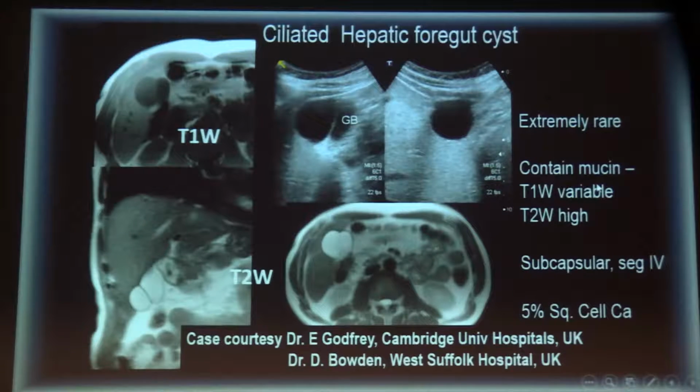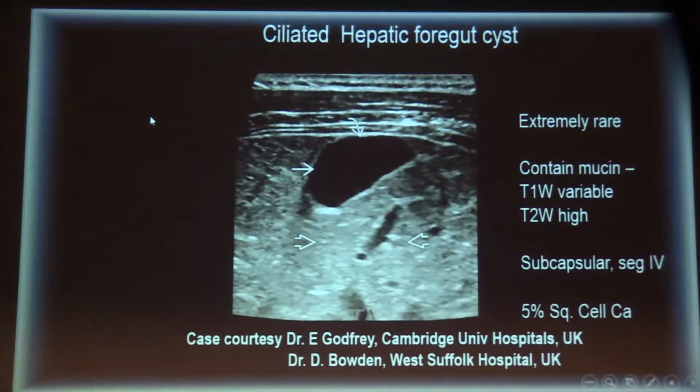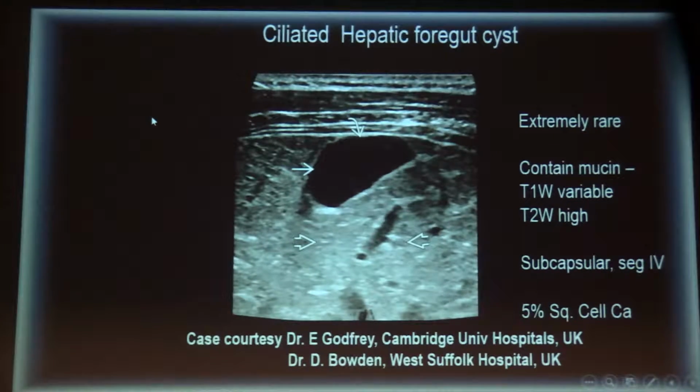And this is caused because these cysts contain mucin. These cysts are extremely rare, and although seen here in segment 5, they are usually located in a subcapsular location in segment 4. Previously they were considered completely benign, but because today we know that 5% will develop squamous cell carcinoma, they are resected.